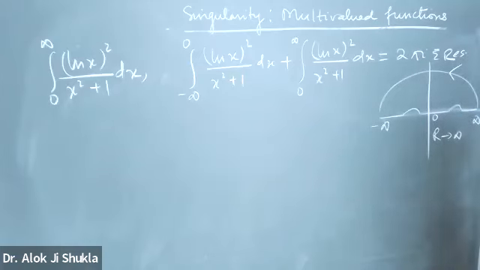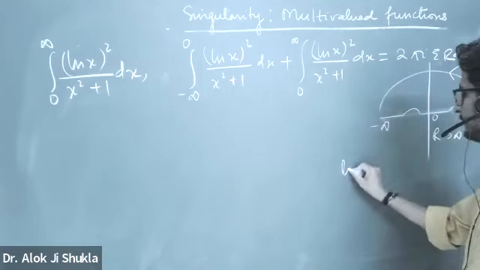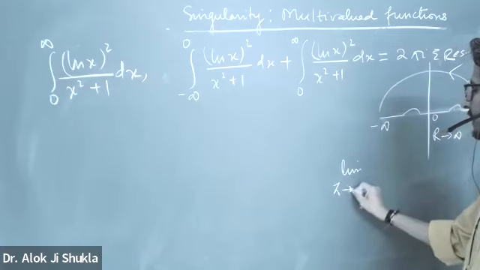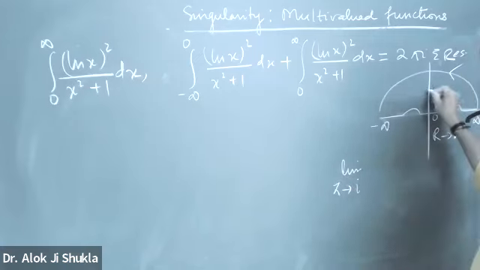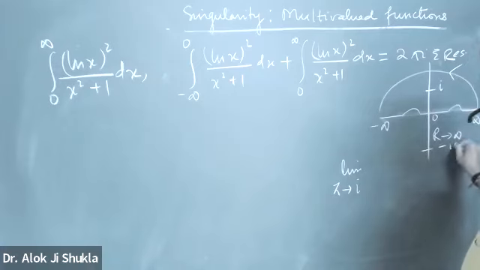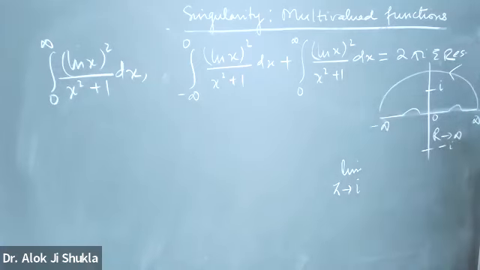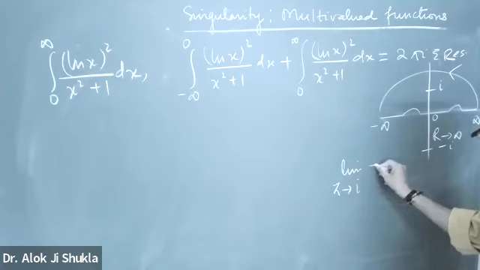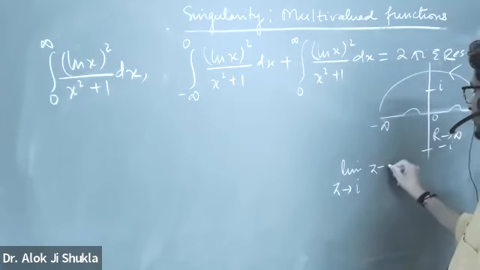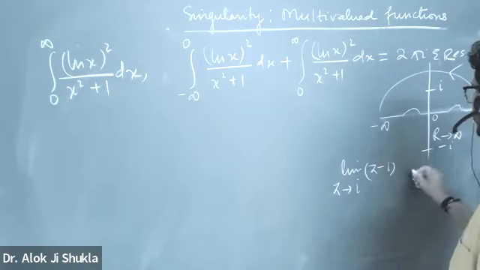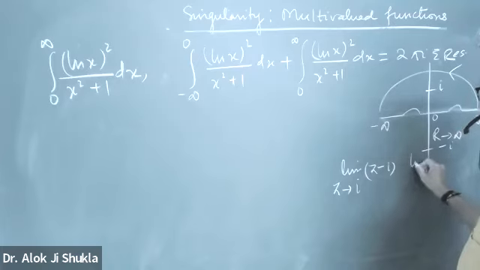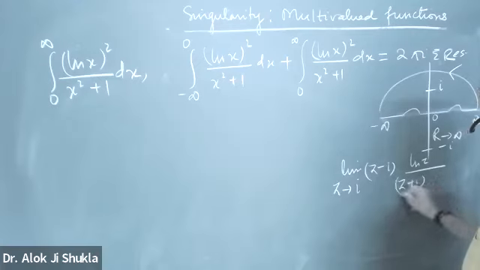So let us get the residue first of all, so that the right hand side is settled. So what is the residue? Limit z tending towards iota, because iota will lie here, minus iota will be outside. (z minus iota) log of z upon (z plus iota)(z minus iota).